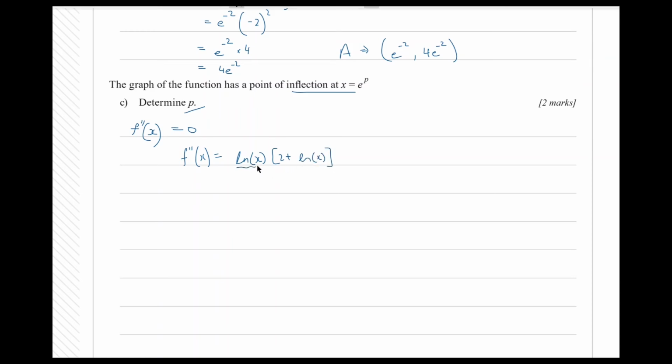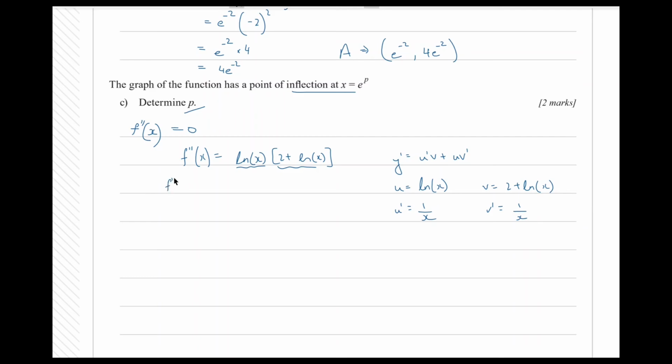As we've got two things multiplied by each other, we can use the product rule, such as y dash equals u dash v plus uv dash. And our u can be ln x. So our u dash will be 1 on x, and our v will be 2 plus ln x, and our v dash will be 1 on x.